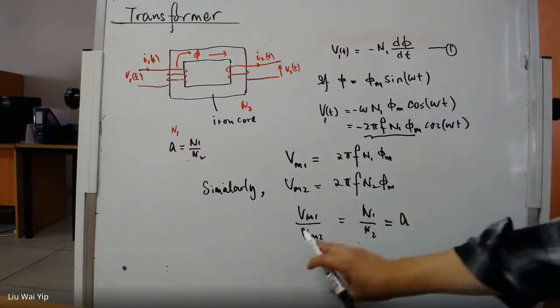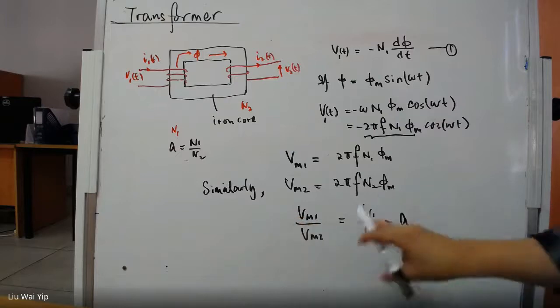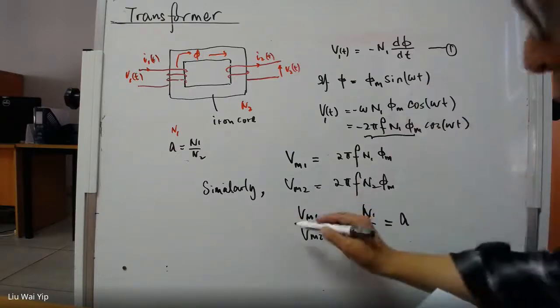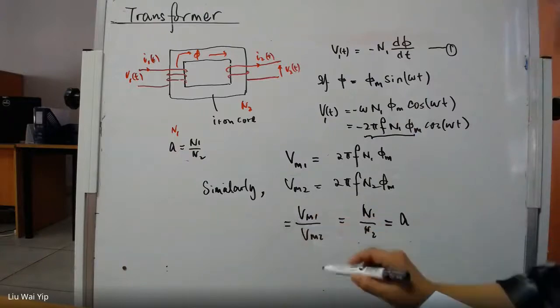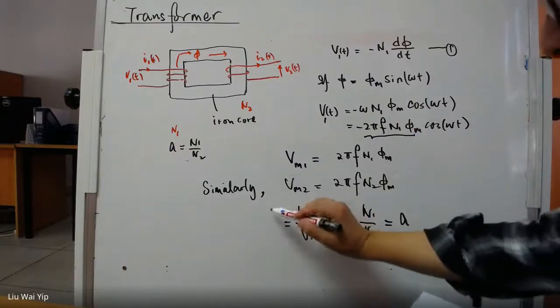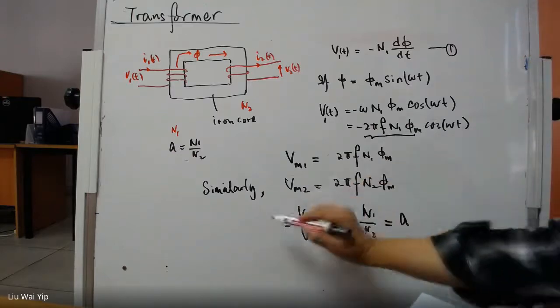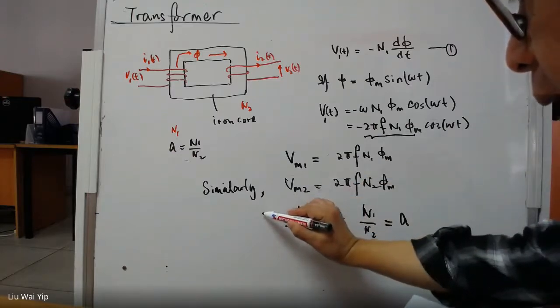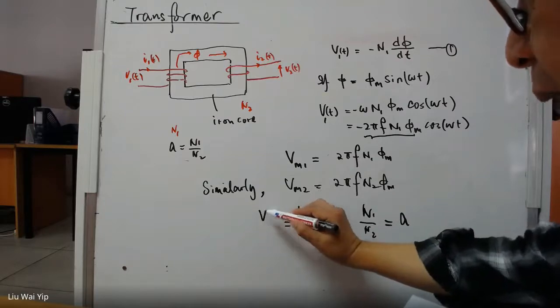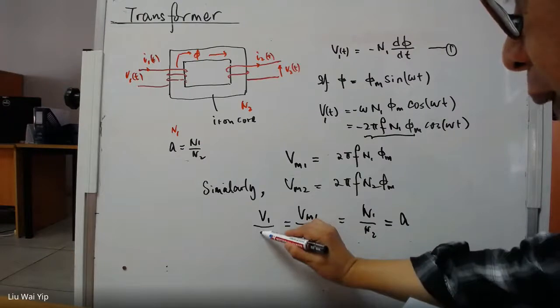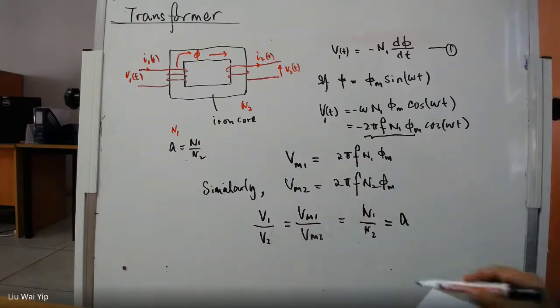Now, if you can express the turn ratio in maximum voltage, we can equally express this into a complex value, the root mean square value.